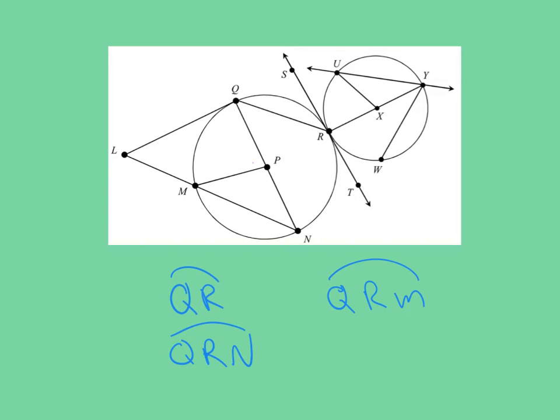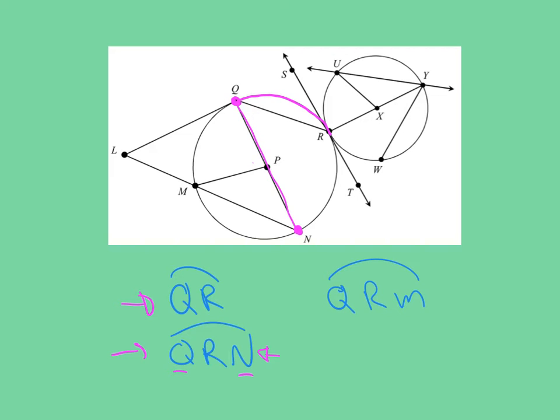Next, just to retouch on arcs, the minute I see a two-lettered arc, it's automatically a minor arc. Starts at Q, ends at R. When I see three letters, it ends at Q and N. So Q is an endpoint, N is an endpoint. Those endpoints create a diameter, which automatically makes this a semicircle, half of a circle.